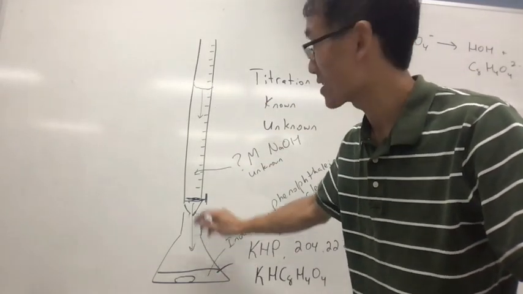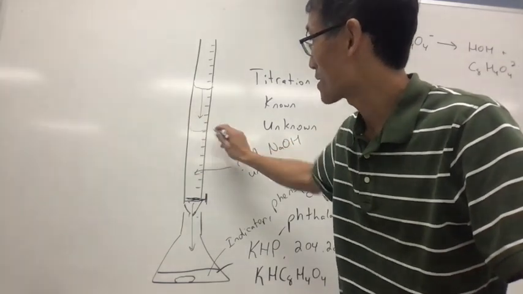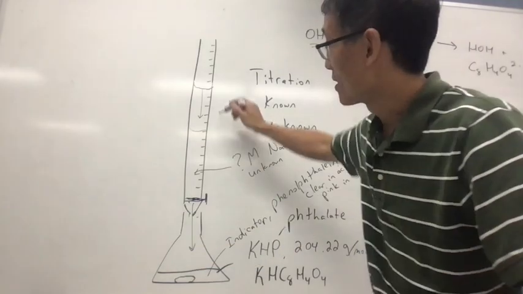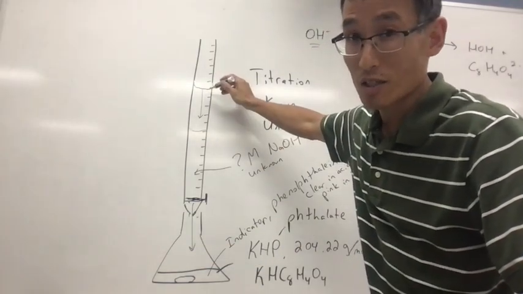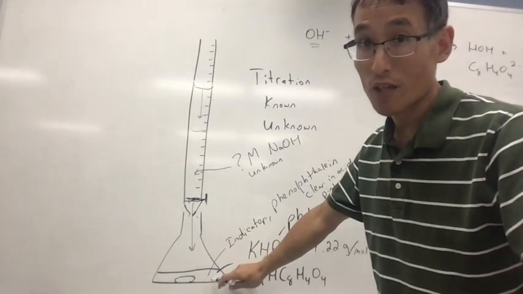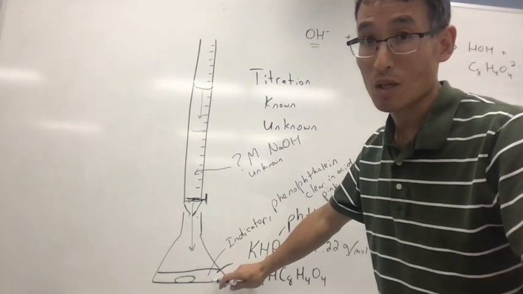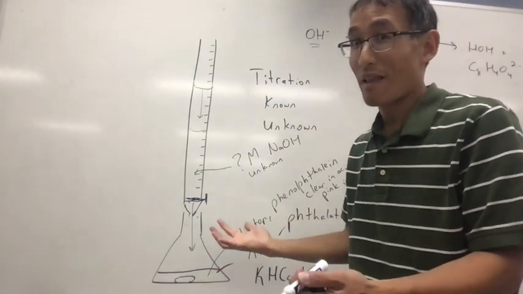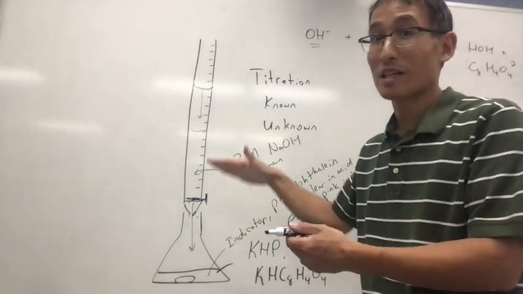If it turns pink, let's say it stops here, then I know that I used this much of the NaOH to change all of the KHP. If I go past this point, then you don't know anything, because we need to get the exact amount.